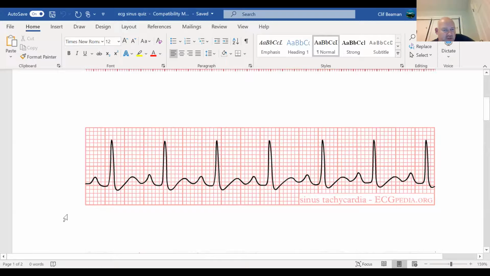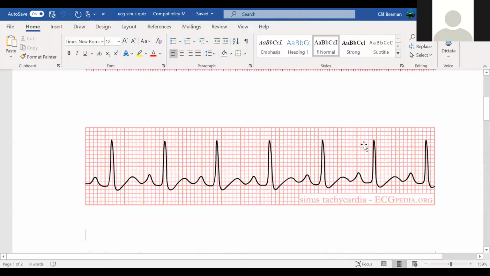Yes, the ventricle is contracting when you see this QRS complex. So the P wave is the atrial contraction. The QRS is the ventricle contraction. So that P wave and that QRS is one heartbeat, right? So if we count these, we have 7 of them on this 6-second strip.